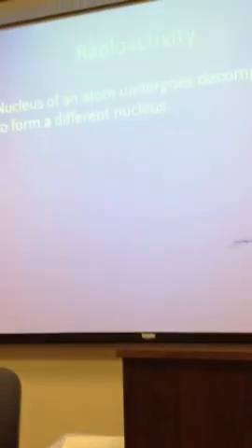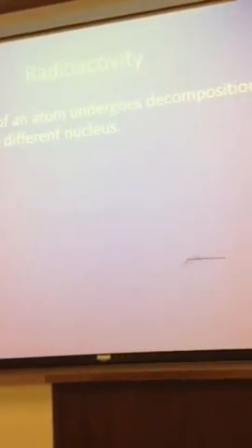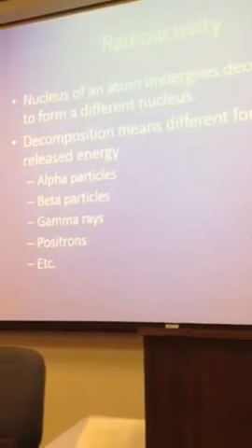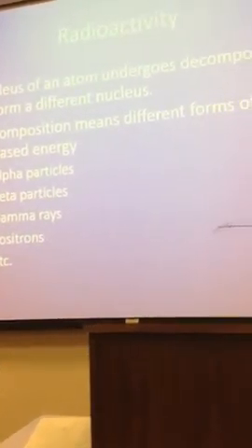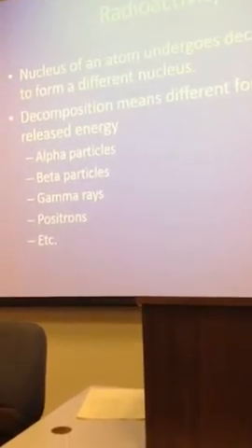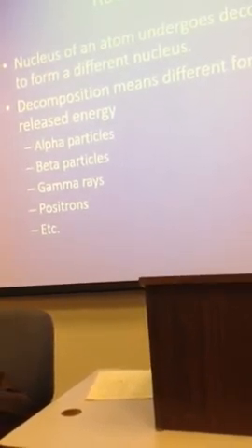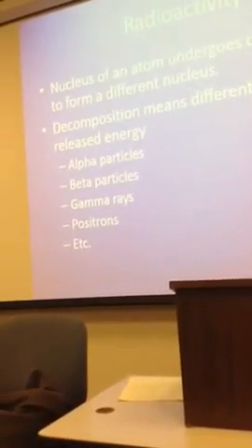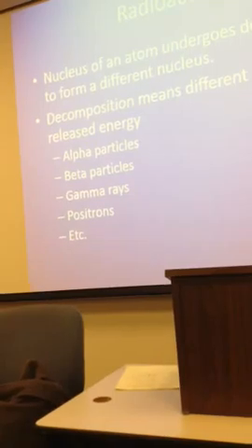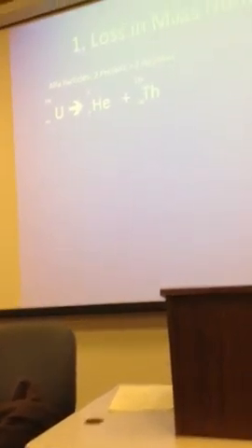The nucleus of the atom undergoes decomposition to form a different nucleus, and with the decomposition, different forms of energy are released. We already studied that there are alpha, beta and gamma rays, and there are positrons, but I haven't covered them here for simplicity.